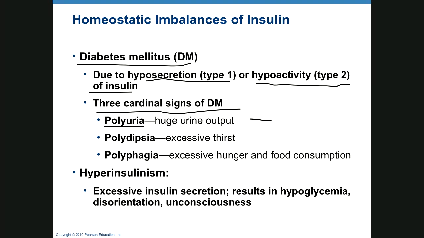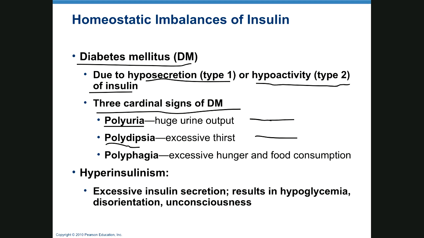You're thirsty for two reasons. That's polydipsia. One is you pee too much. That's part of why you're thirsty. The other reason is because you got all this glucose creating a sludge in your blood, with particles of sugar all in your bloodstream, and so therefore it's going to cause that problem.